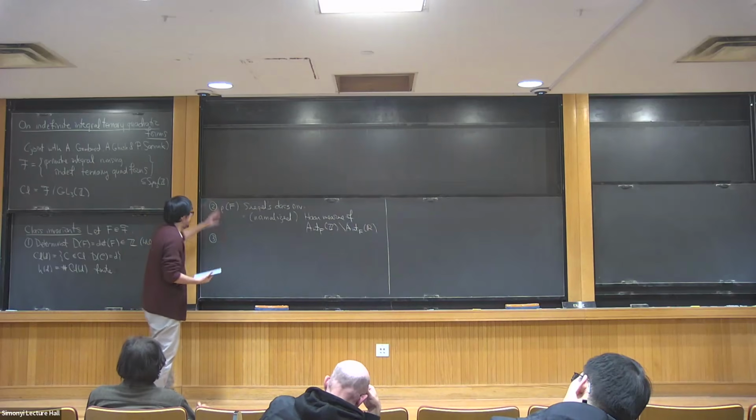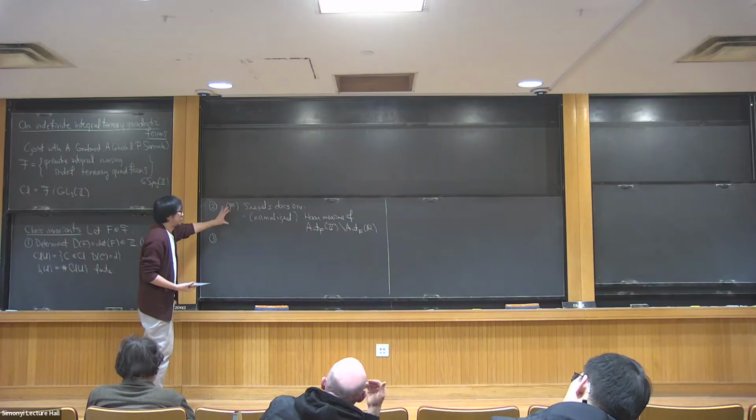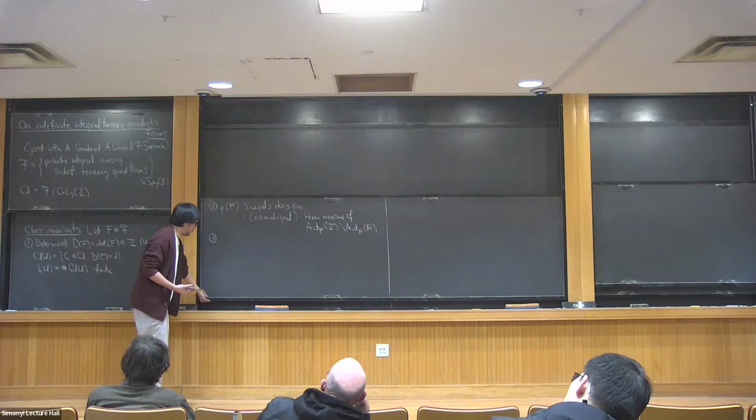We'll use a Siegel-specific normalization, which for the purpose of this talk is not too important, so I'll just leave it at this. But you may think of this as a generalization of the regulator.